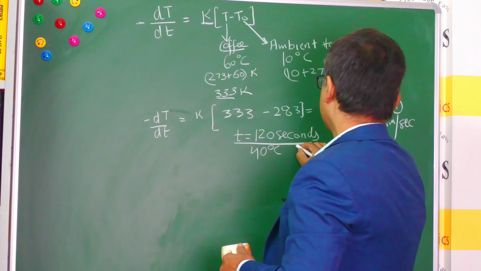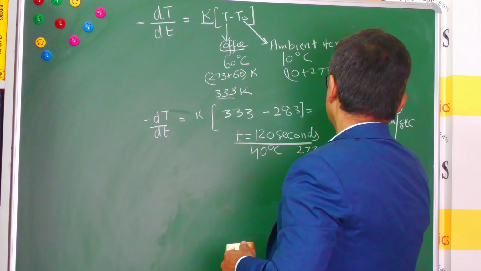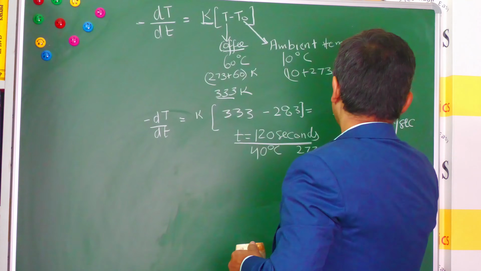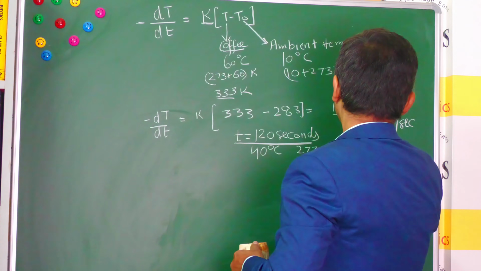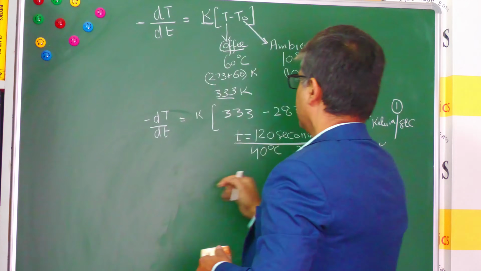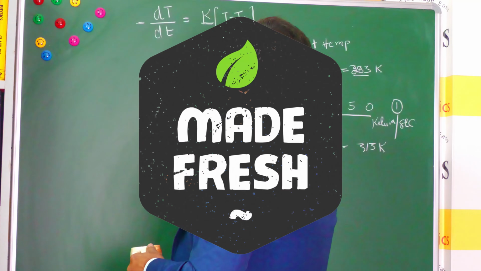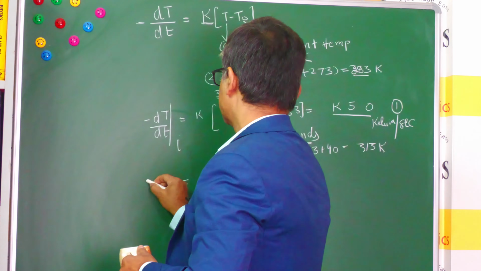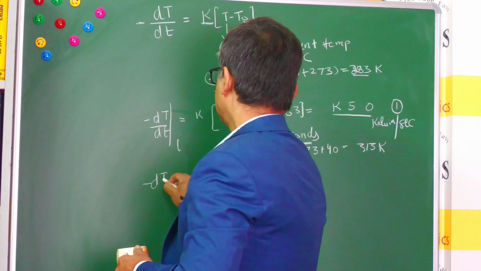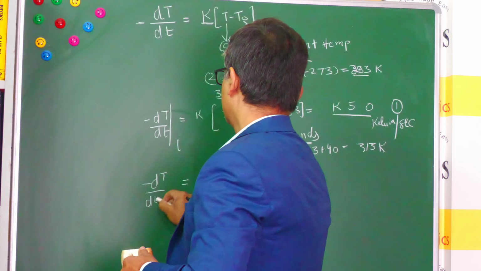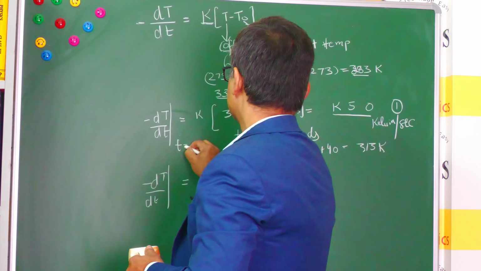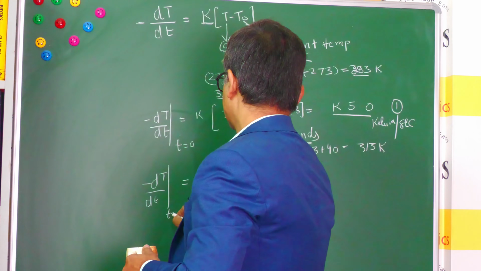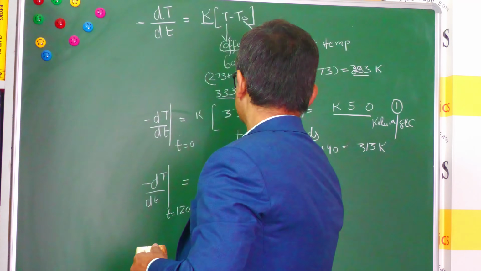So I can convert this into Kelvin and write this as 273 plus 40 is equal to 313 Kelvin. And I write this, my new rate, this is the initial rate, and now this is the rate at time t is equal to 120 seconds.